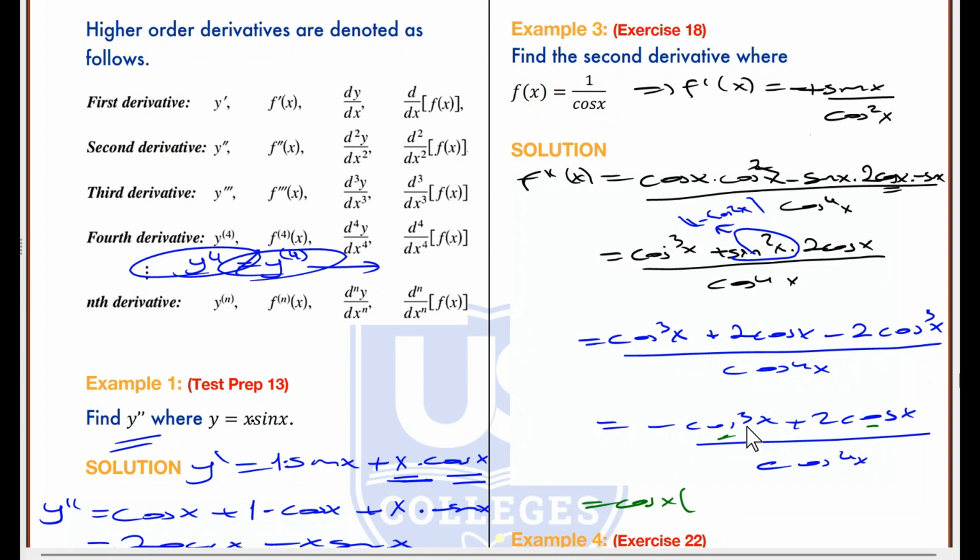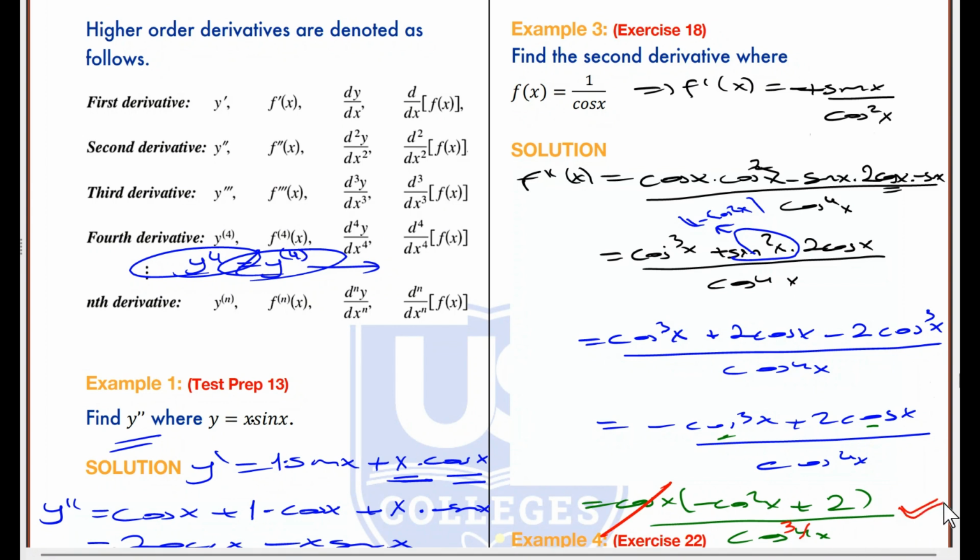Inside we have negative cosine squared plus 2, over cosine to the power of 4 x. So 1 cosine from the top and 1 cosine from the bottom will go. The result becomes negative cosine squared x plus 2 over cosine cubed x.